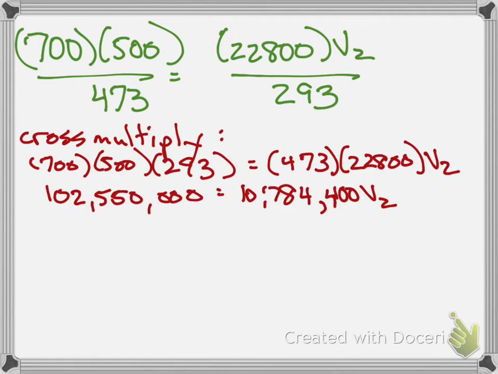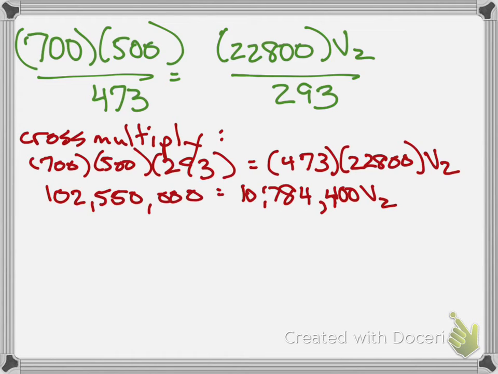As always, when we have a proportion, when we have two fractions, we have to cross-multiply to solve. And so we have 700 times 500 times 293 on one side, and 473 times 22,800 times V2 on the other side. And you can look above to see where I got those values.